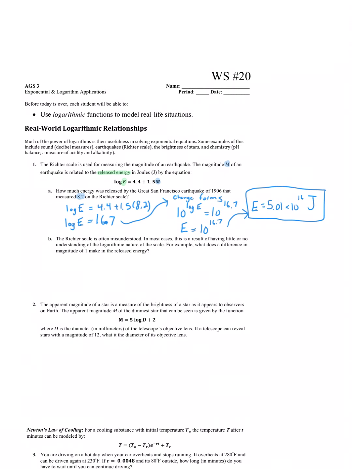Is there a reason we didn't round up with the 0.7? Is there a reason we didn't round up? For the 0.7? Was it 0.76 or something when we did it on our calculator? Let's see, 8.2 times 1.5 plus 4.4. No, I just got 16.7 when I put it in my calculator.